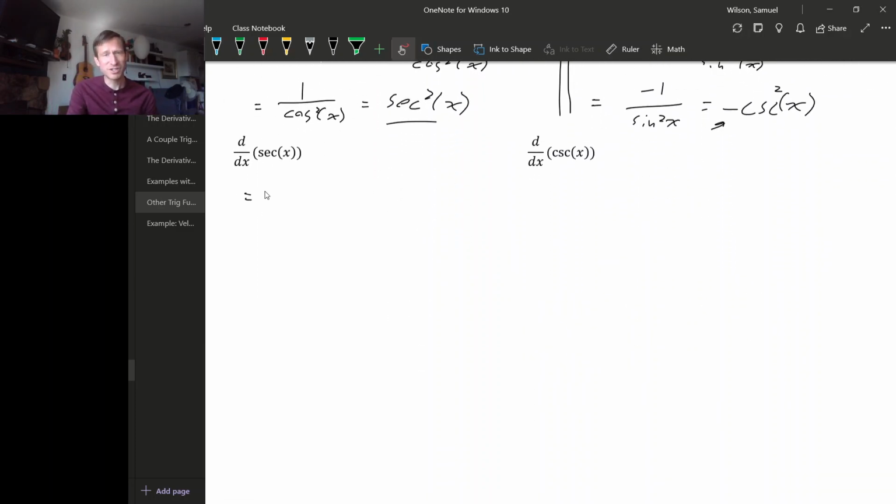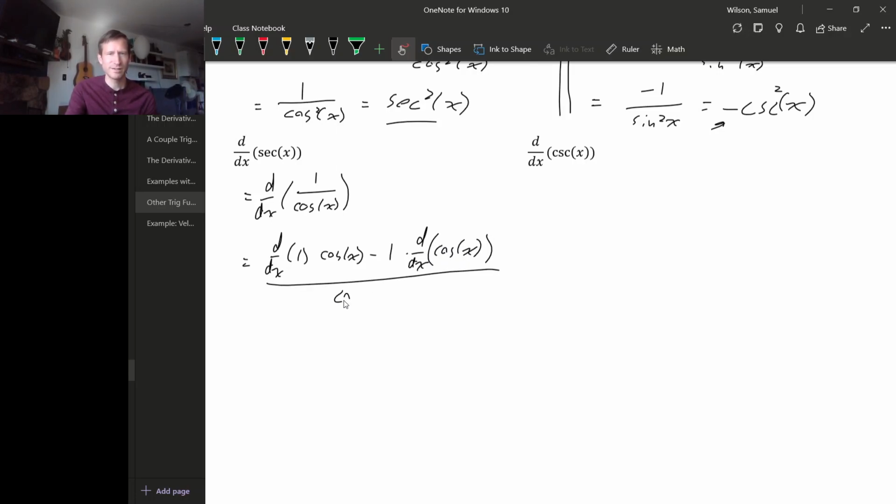Once again, we're just going to use the quotient rule because secant is just 1 over cosine. So derivative of the numerator times the denominator, cosine, minus the numerator times the derivative of the denominator, like this, all over denominator squared.